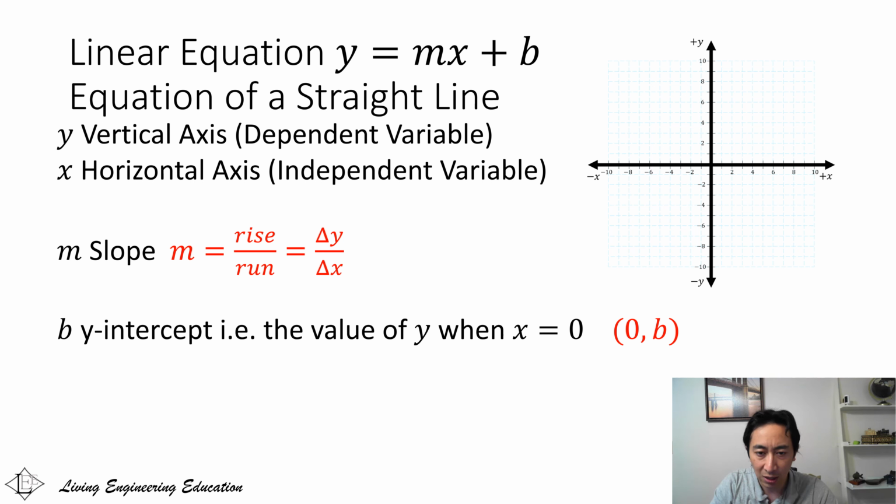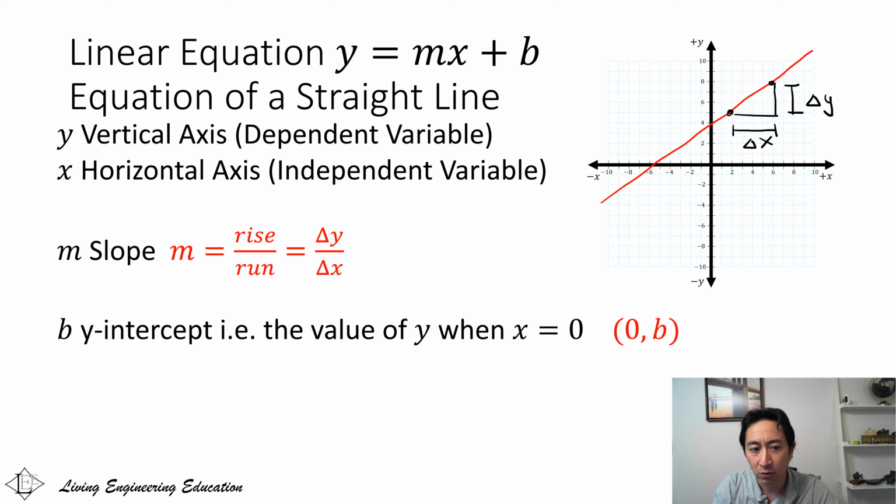So let's say, I'm going to try to draw this as straight as I can. Let's say this is my straight line. And you can pick 2 points. It doesn't matter what 2 points. If I know the change in y between those 2 points and the change in x, I can define my slope.